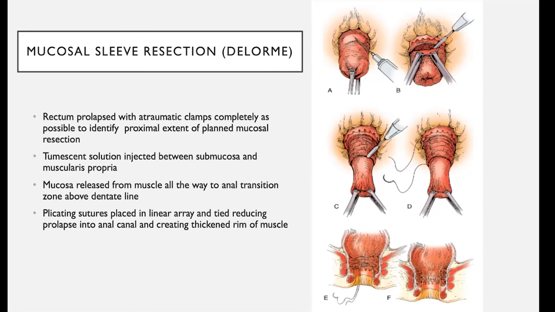So it's done by prolapsing out the rectum as completely as you can to identify the proximal extent of your planned mucosal resection. That's usually done with atraumatic clamps, like an Allis, for example. Then tumescent solution, which is saline and epinephrine, is injected between the submucosa and the muscularis propria to give you a plane, and then the mucosa is released from the muscle above the line.